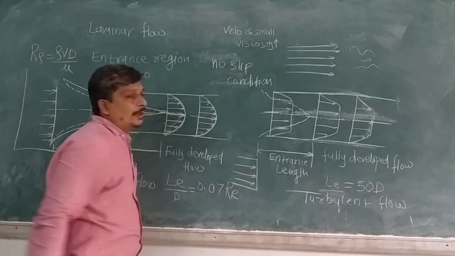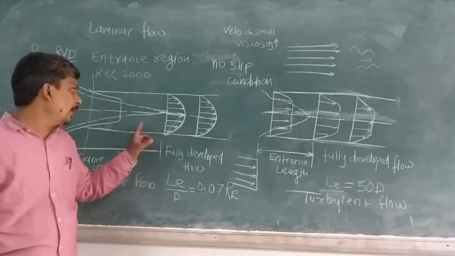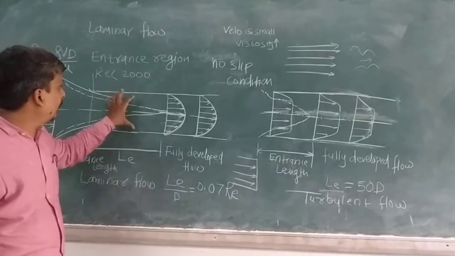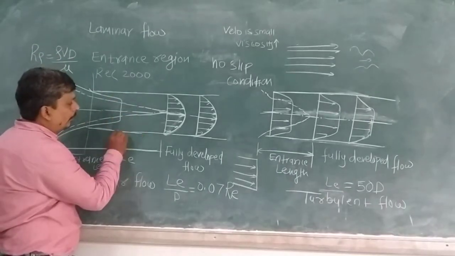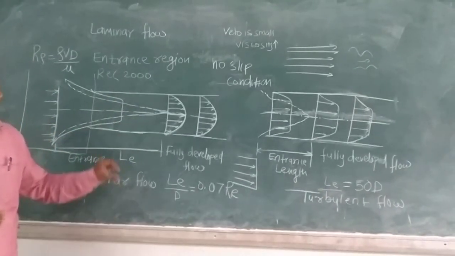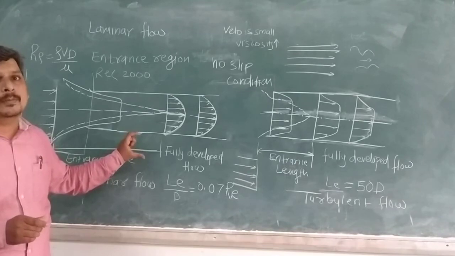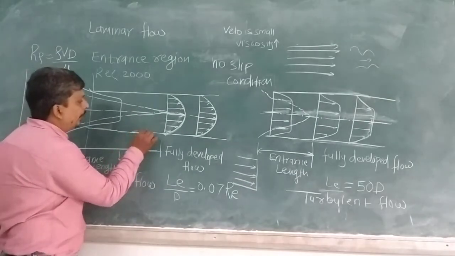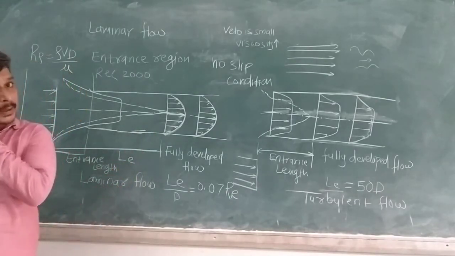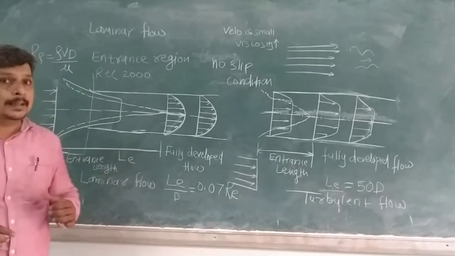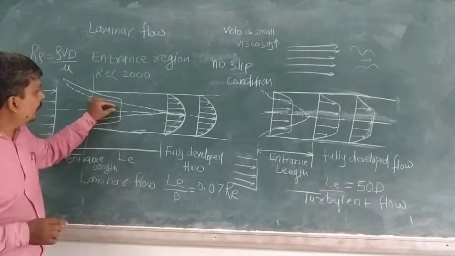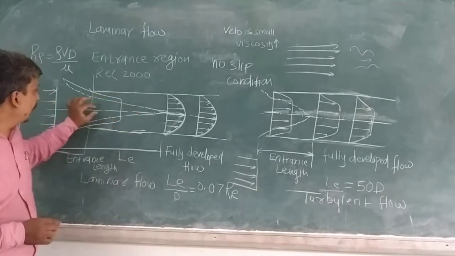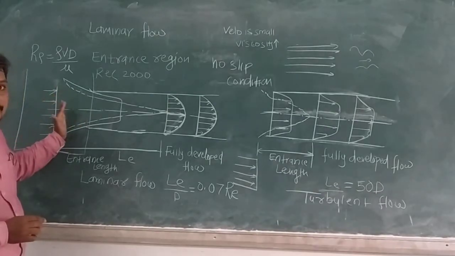No slip condition means we assume that if the fluid comes in contact with the wall of the pipe, and the pipe is stationary, then the fluid in contact with the pipe also becomes stationary, and at the center the fluid is moving with the velocity of the free flow.